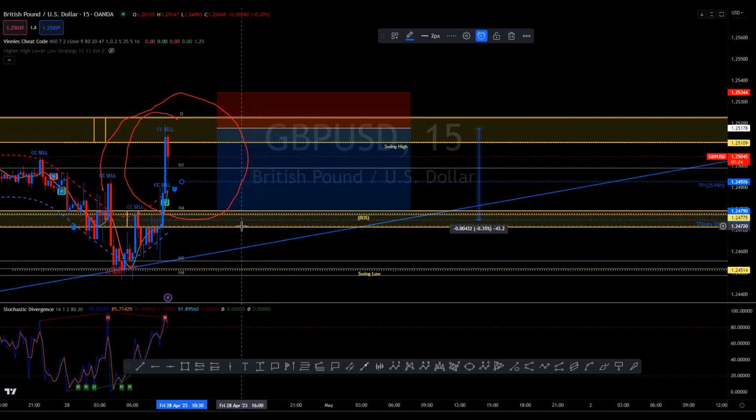I wonder if we need some structure here. We'll wait for the next candle and see what we do.